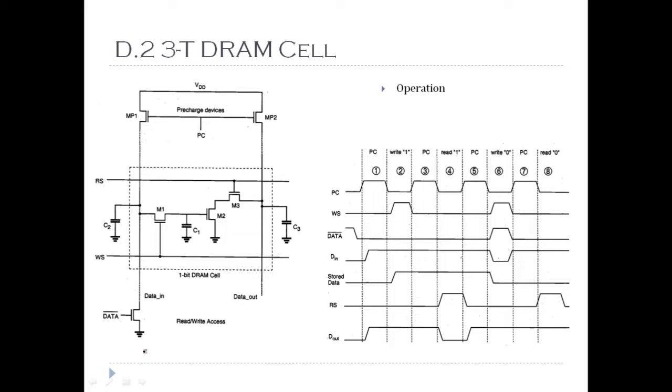Now let's talk about the read 1 operation. In the read 1 operation, Ws is equal to 0 and Rs is equal to 1. So M1 is off, M2 is on. Because the capacitor is storing 1, it is charged, and that means logic high is applied to the gate input of M2, so M2 is also on.